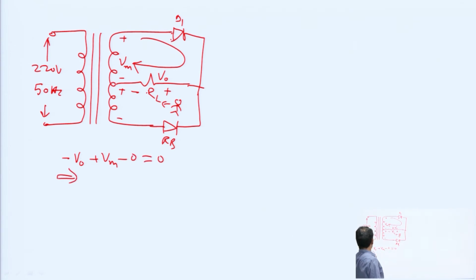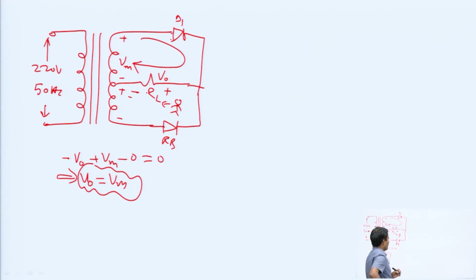This implies V naught is equal to Vm, where Vm is the peak value of the input signal. So for the positive half cycle D1 conducts, and the direction of the current through the load resistance is from right to left.